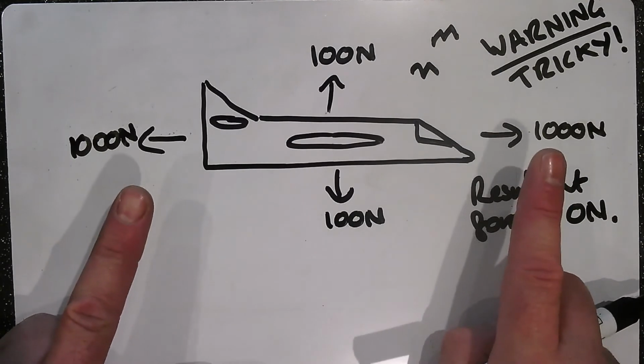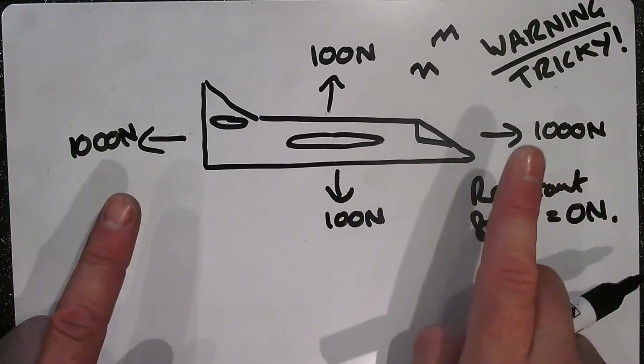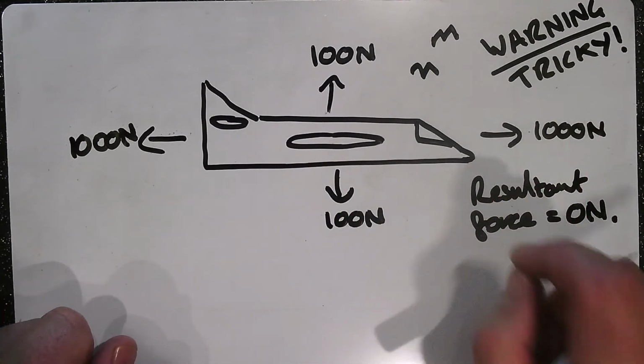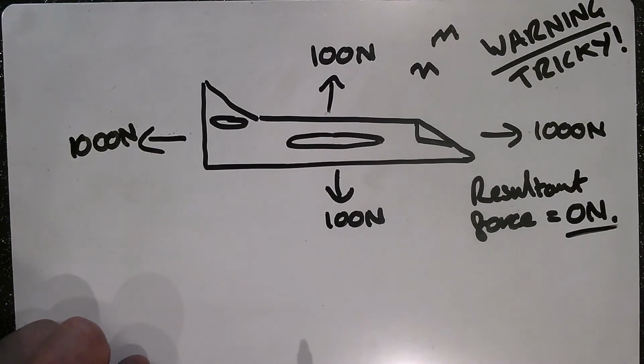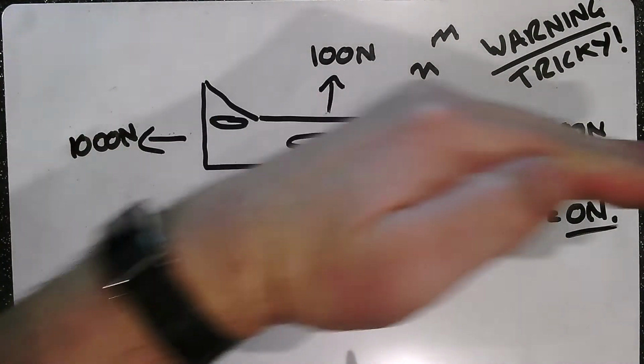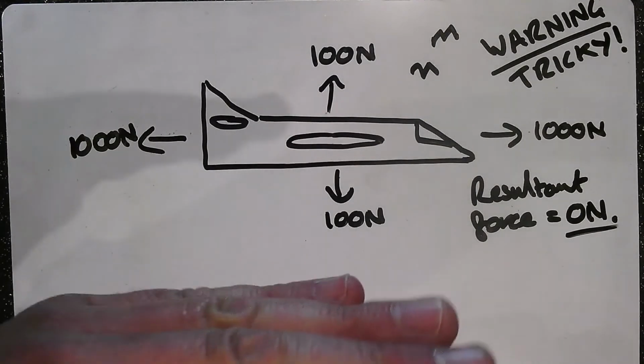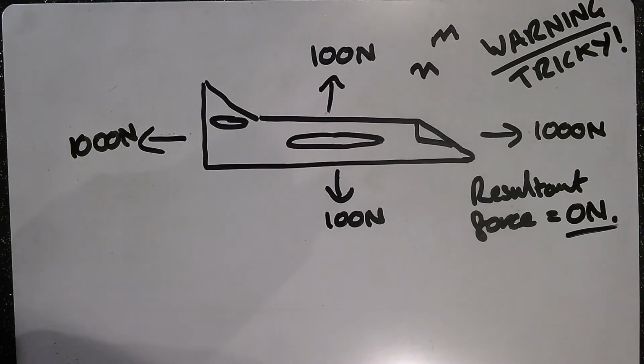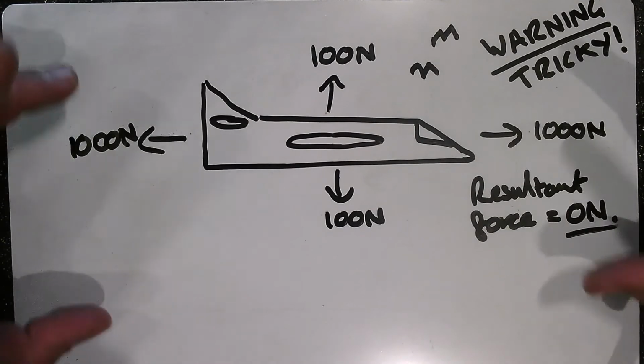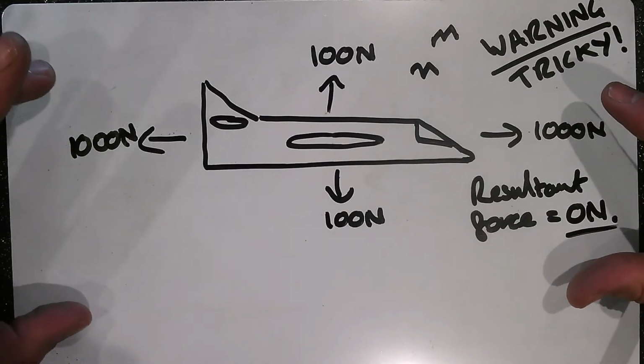So all this means is, in the backward-forward direction, it stays doing what it was doing because the resultant force is 0. So if it's flying along at some horrific speed of like 200 miles per hour, it just carries on doing 200 miles per hour. It's not going to speed up, it's not going to slow down. So overall, my plane carries on flying through the sky.